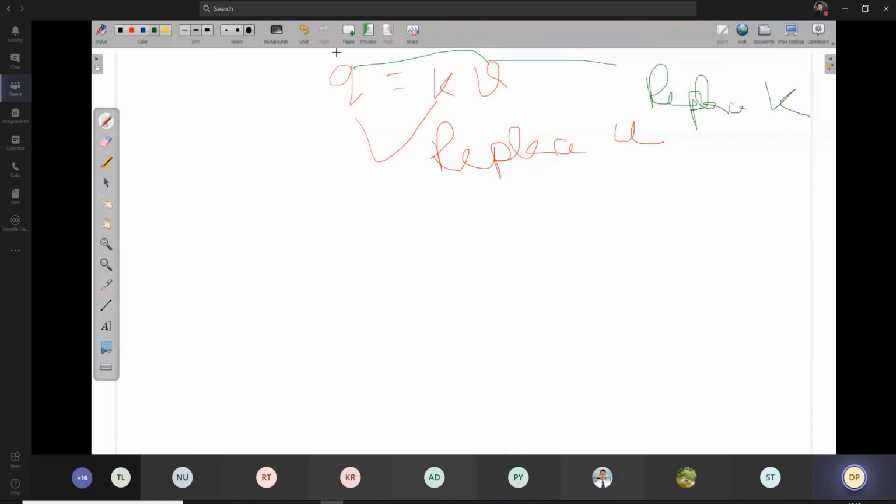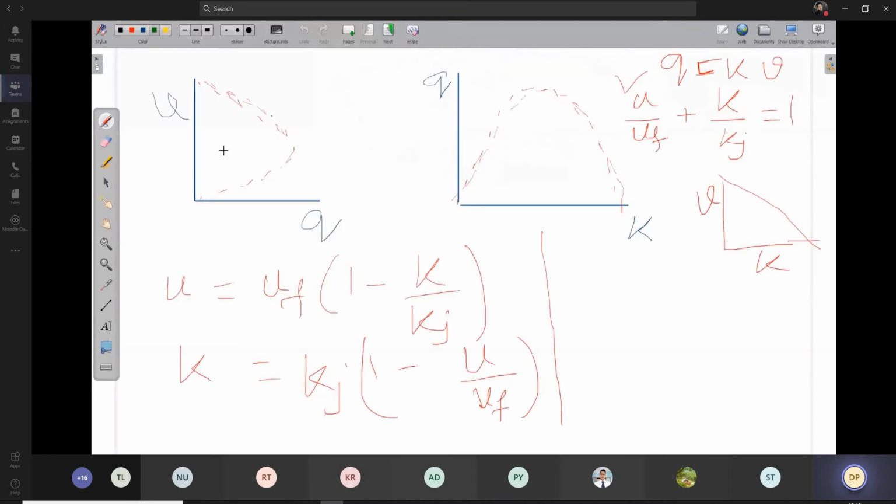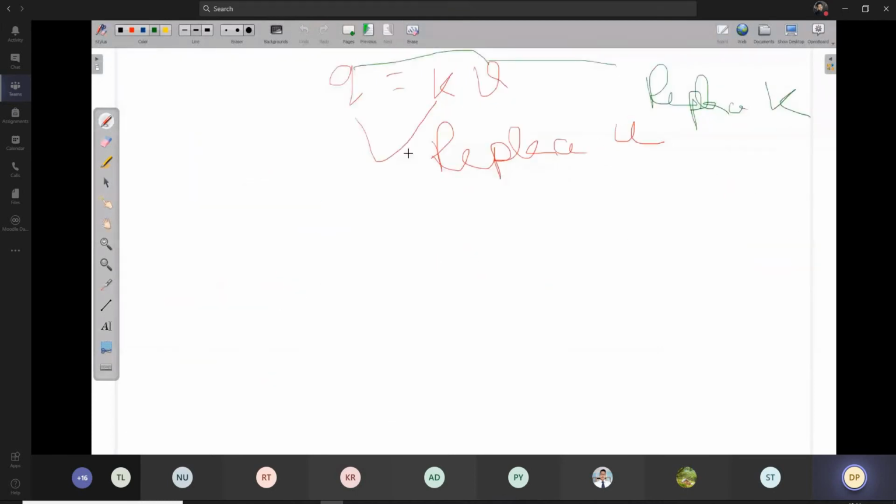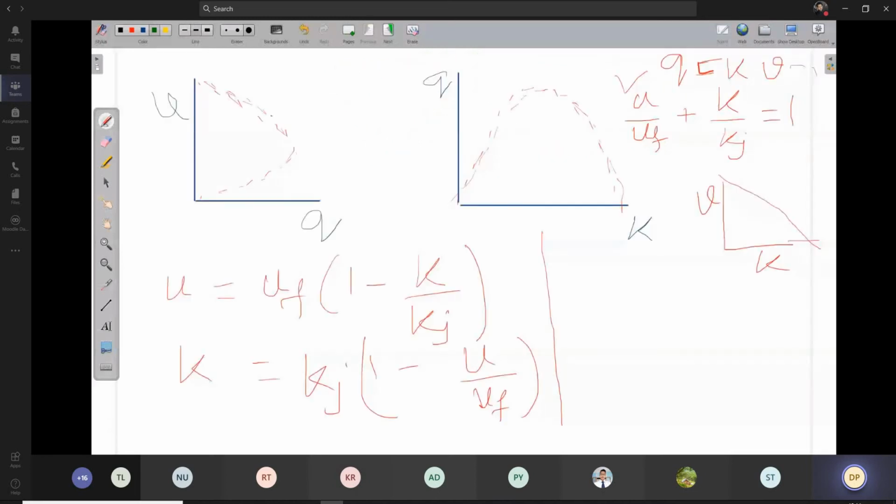So what is the first equation I have written? I want the U, Q relation, so I will replace the K value. Let us say this was equation number 1 I wrote earlier, this was equation number 2, this is equation number 3 and this is equation number 4.